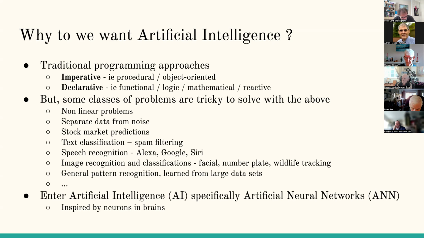I used to say at this point that artificial neural networks are an exact copy of how the brain works. And then some biology student from the audience would put me in my place. So now I say, artificial neural networks are inspired by how the brain works.